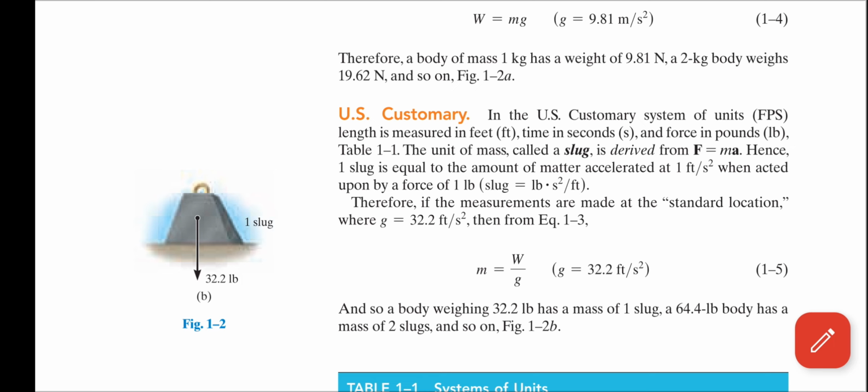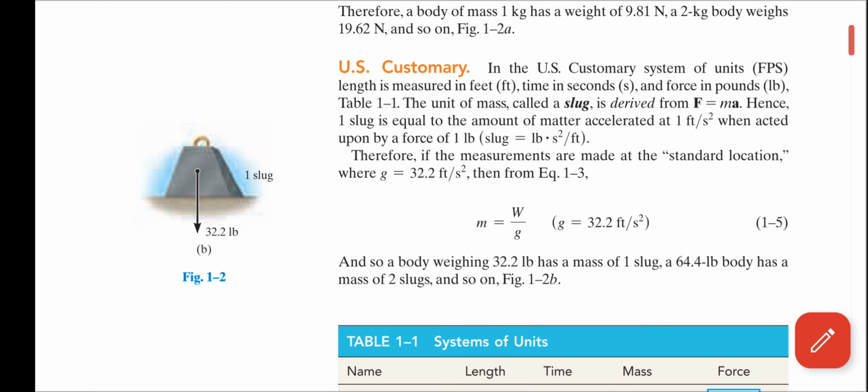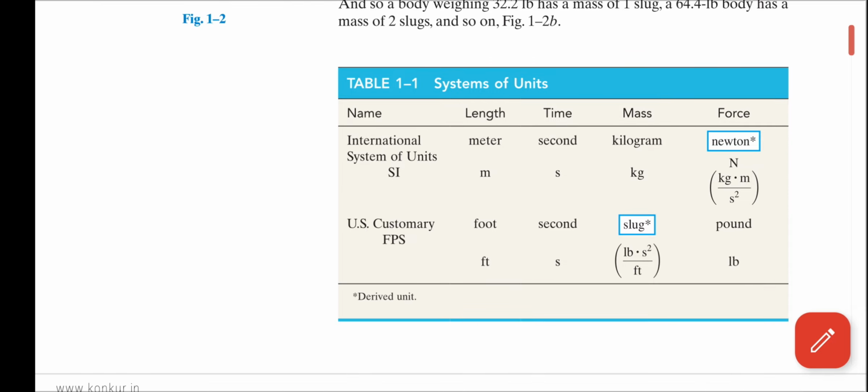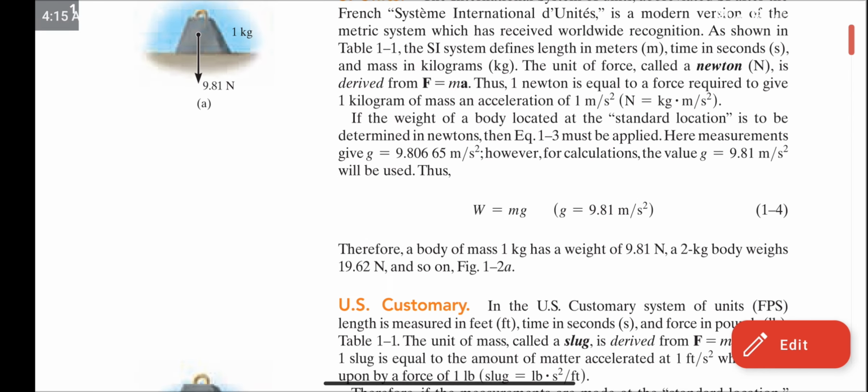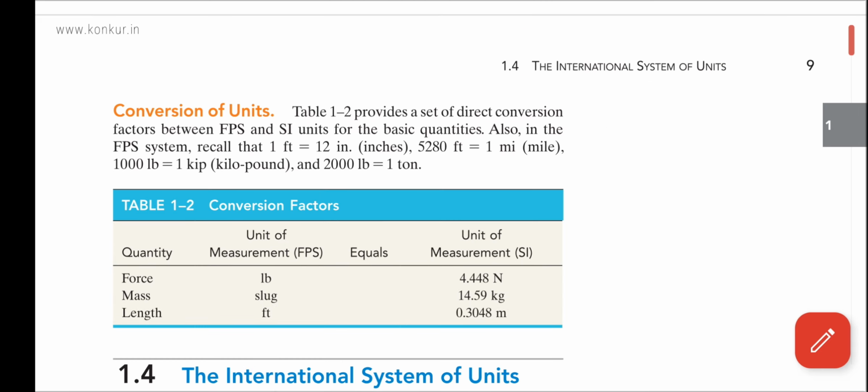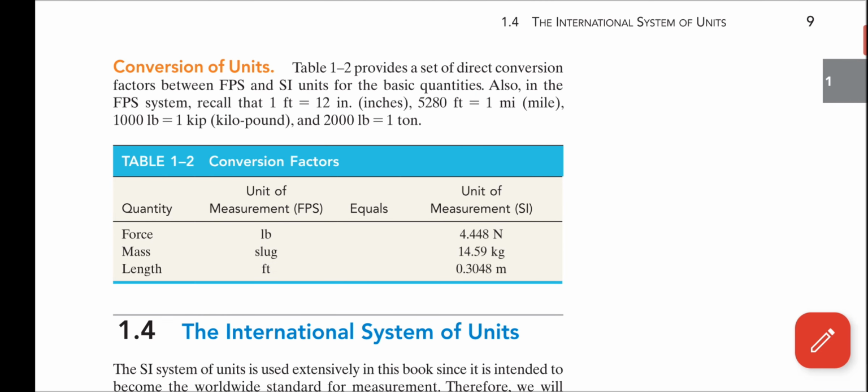A slug equals pound second squared divided by feet. And there is our table for the transformation between SI units and US units, and this is the conversion of units.